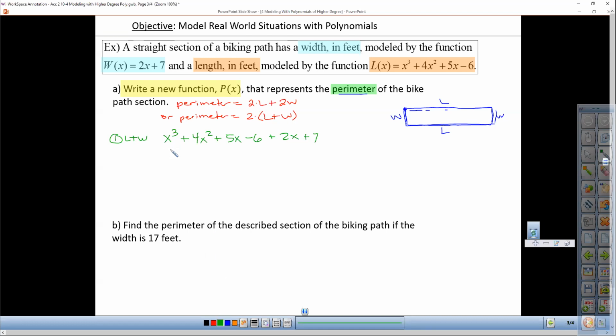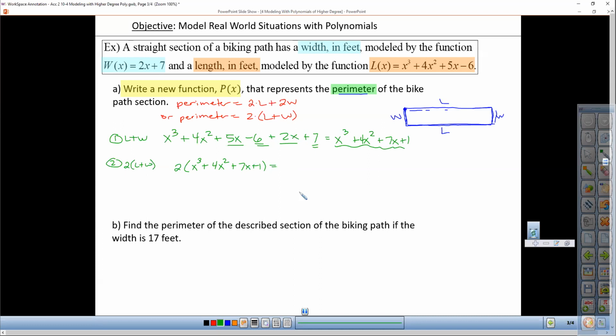Combining those, these guys will combine and these guys will combine. So this is going to give me x cubed plus 4x squared plus 7x plus 1. Then my second step will be taking it times 2. So I'm going to do 2 times what I have over here, my x cubed plus 4x squared plus 7x plus 1.